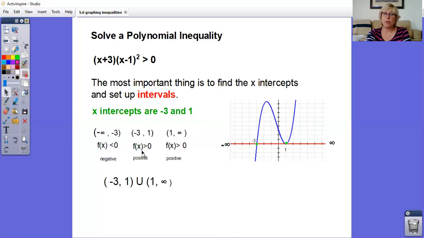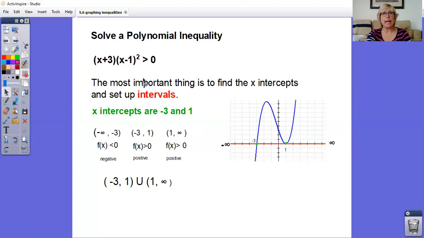F of x is greater than 0, or positive. Then between 1 and infinity, if you're just looking at that window right there, you have the function above the x-axis also. So I've got 3 intervals here: below, above, and above.